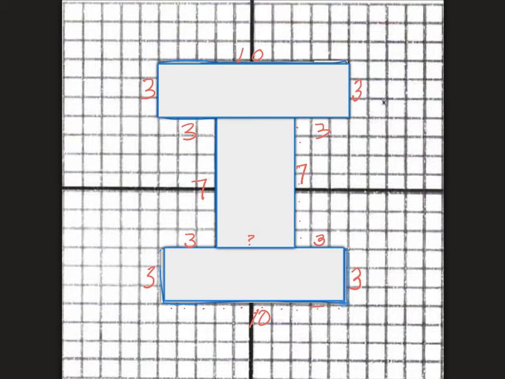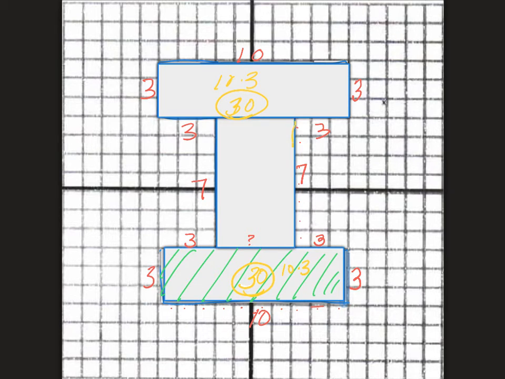So let's go ahead and figure out the area of the pieces I do know. I want to find the area of this, which is a 10 by 3, which is 30. Therefore, the top is also 10 times 3, which is 30.